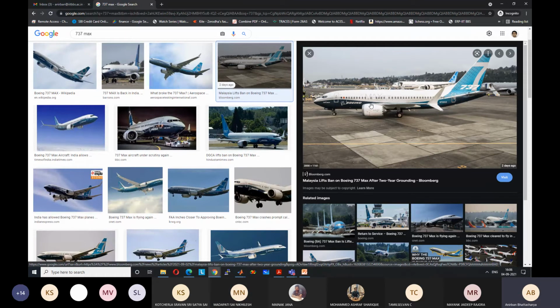But what happened is that the autopilot tried to correct it. I don't remember the exact details. So there was a stall that the computer detected, so that led to a dive.